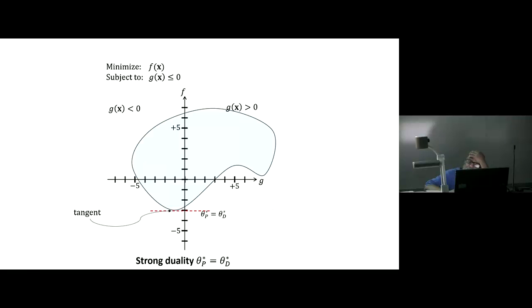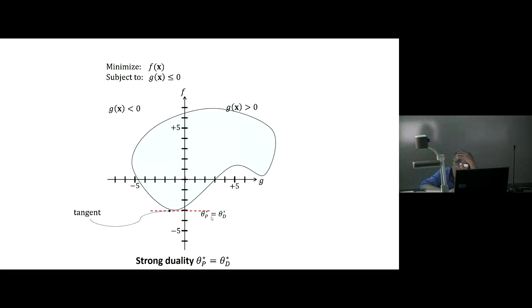What's the value of lambda here? For theta d star, this is also the tangent for the primal. For the primal, we have to draw a tangent that's horizontal. But for the dual, we have to take the tangent, right? But the tangent cannot have a positive slope because that would correspond to lambda less than 0.